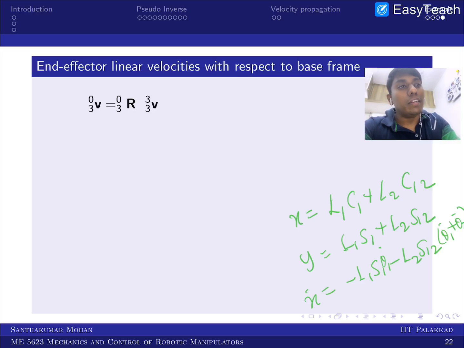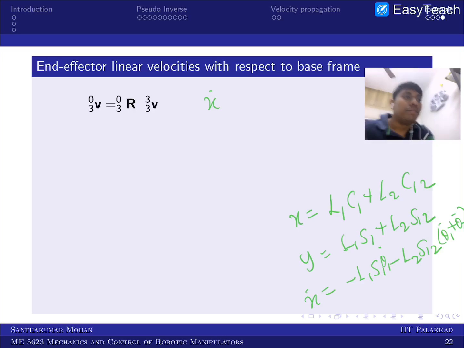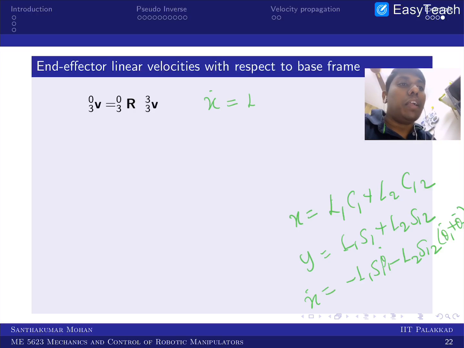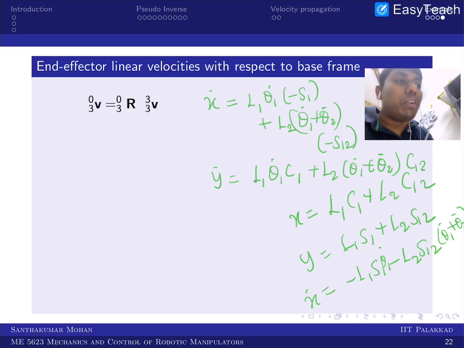So similarly I am writing here, x dot would be L1 theta 1 dot minus S1 and minus L2 theta 1 dot plus theta 2 dot and S12, right? So y dot is similar, so L1 theta 1 dot C1 plus L2 theta 1 dot plus theta 2 dot and C12, right?